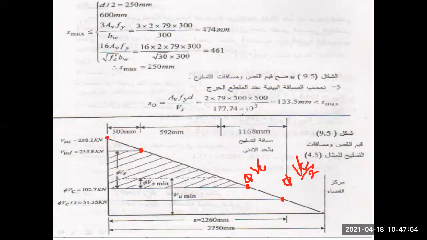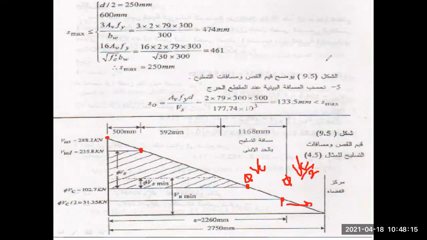Sorry, this Vc over 2 would be the zone beyond which, on the right side, there would be no shear reinforcement. No shear reinforcement is required from this zone up to 0.